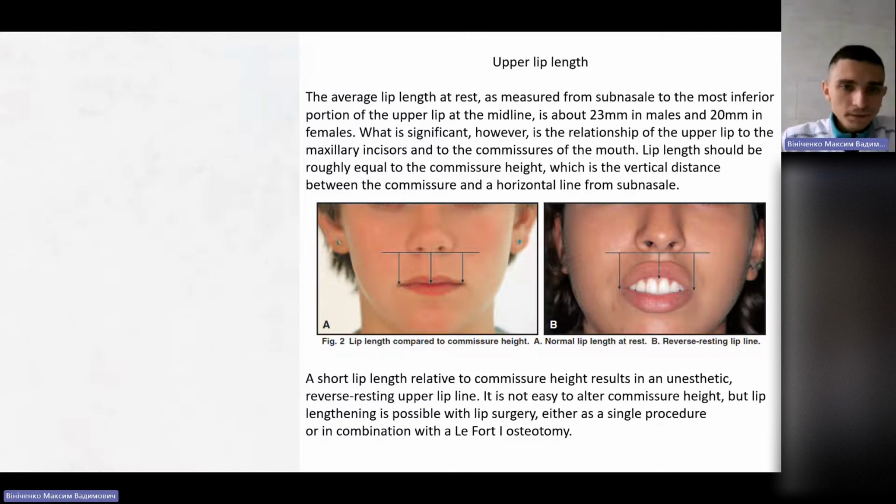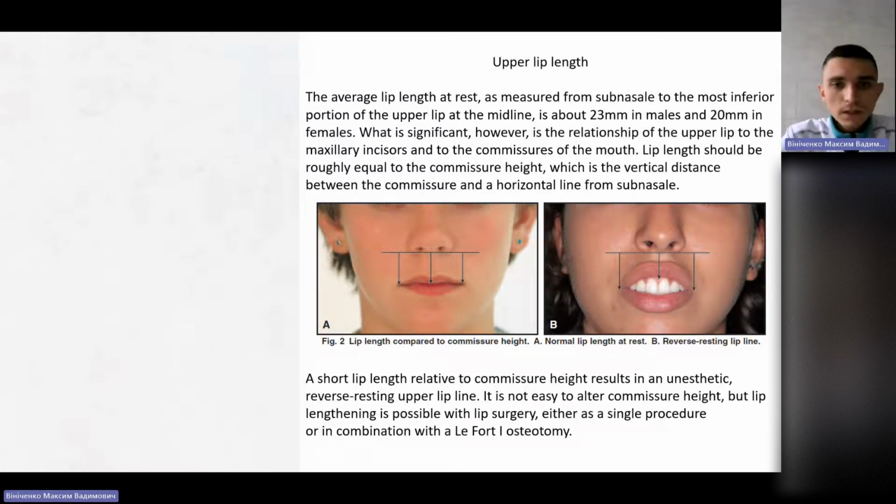In picture A, it is a normal lip length at rest. In picture B, we can see a reverse resting lip line. A short lip length related to commissure height results in an unesthetic reverse resting upper lip line.